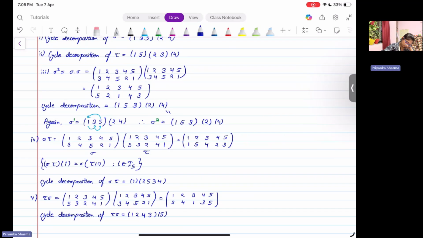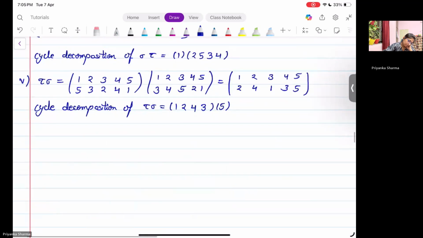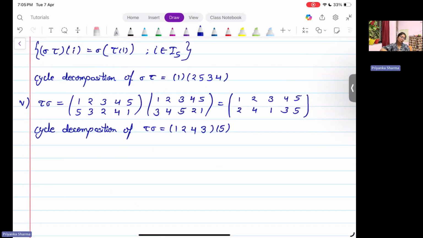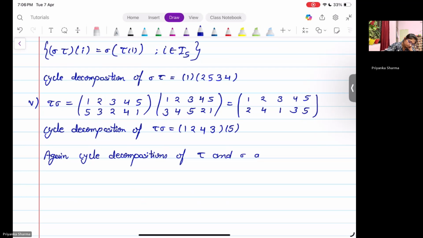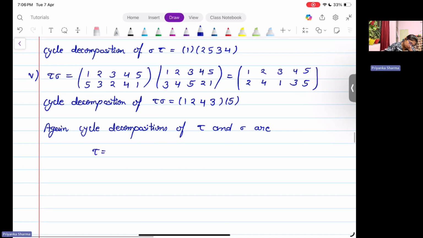I would like to do one more thing. What is the short trick to find the cycle decomposition of tau sigma if we have the cycle decompositions of tau and sigma both? So what is tau?